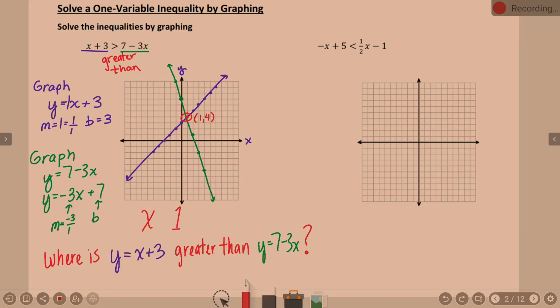So, when we're looking at a graph, where is purple greater than green? That means where is my purple line higher than my green line? So all of it is in relation to that intersection point. On the left side of 1, which is higher?